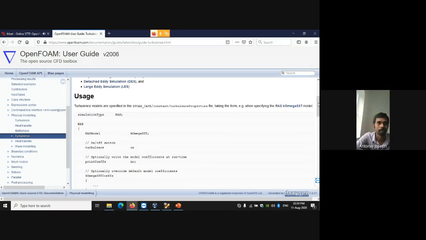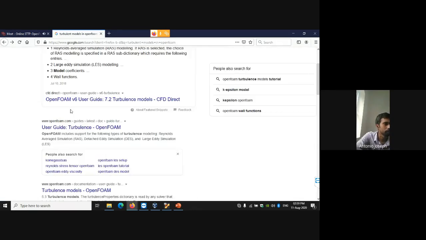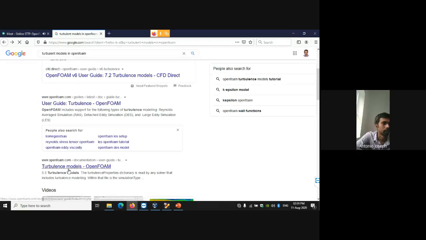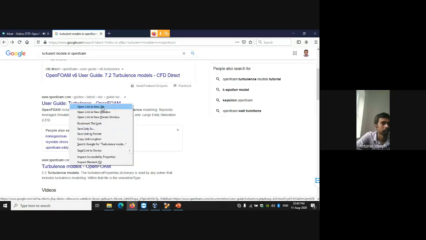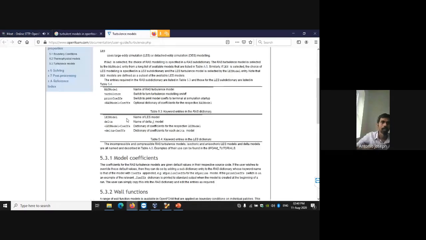See, in the case of turbulent properties, it's not discussing in detail. I will show one more page. See, these are the list of turbulence models that are used. RAS model is there, then LES model is there, then in transport properties also we can give different things.